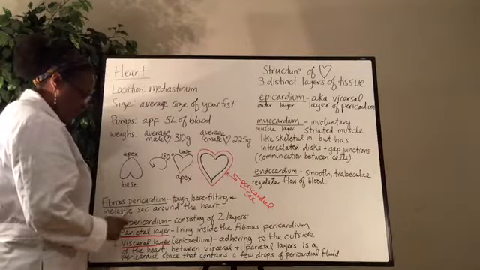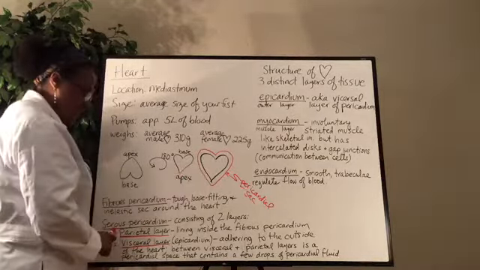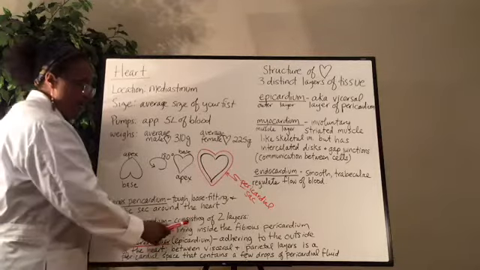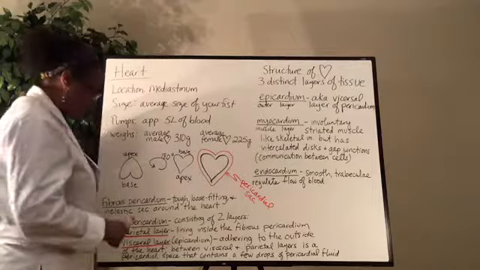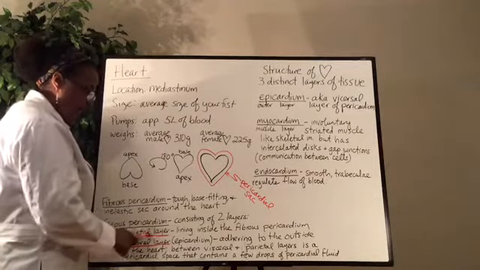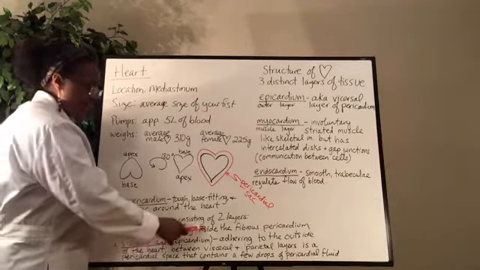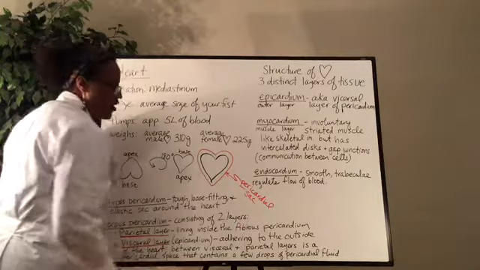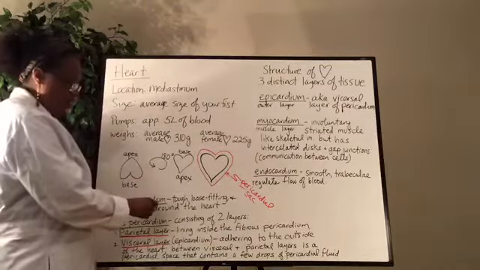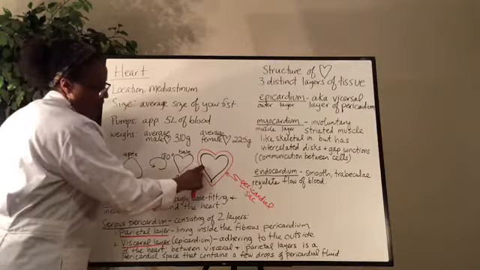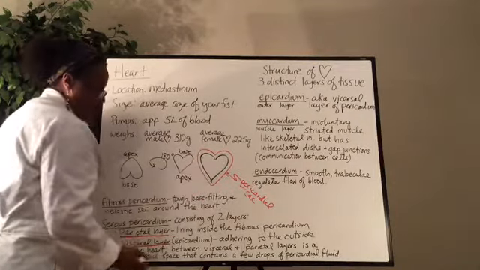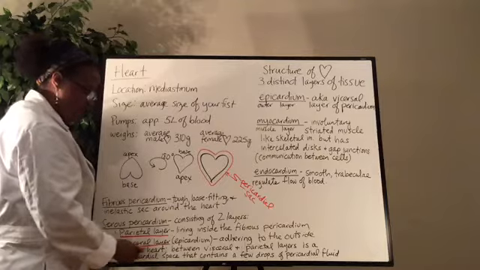Now, the other side of it is a serous pericardium. The serous pericardium itself consists of two layers. You have the parietal layer, that's the lining inside the fibrous pericardium. So the fibrous pericardium has a lining right here on the inside of it. And then you have the visceral layer.